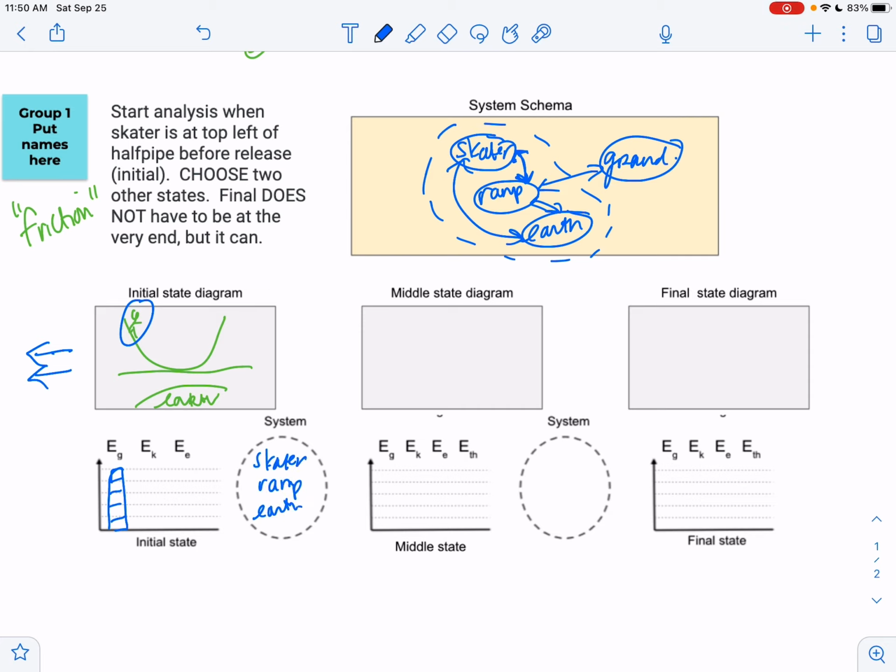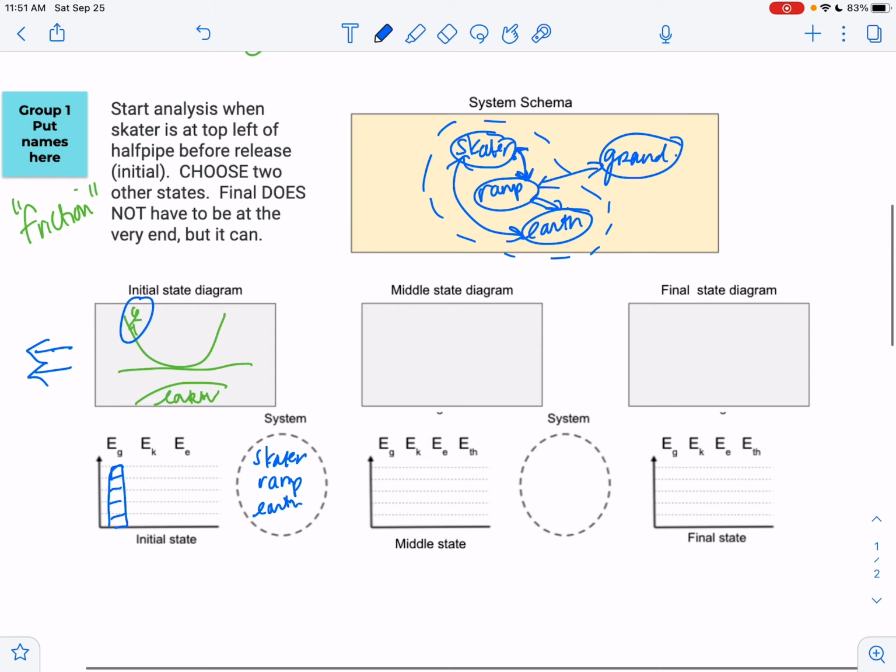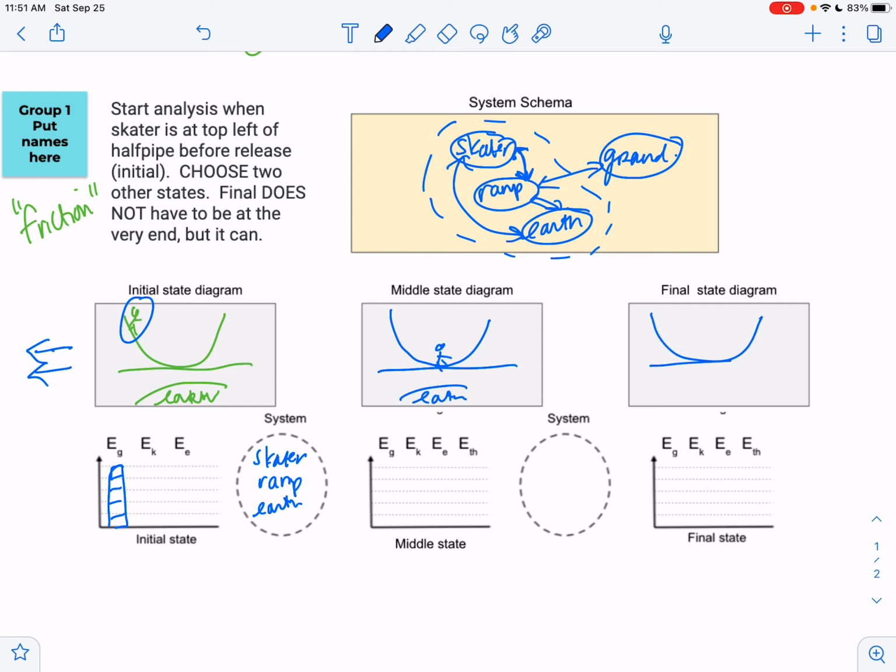Okay, and then let's pick 2 more positions, right? So I'm gonna pick maybe the position here when he's at the bottom. Okay, and then the position over here when he's at the top again on the other side. All right. Okay, so if he's moving across the bottom here, let me fill in all this, skater, ramp, and earth, okay? He has 5 bars of EG, so I still have to have 5 total here, okay?